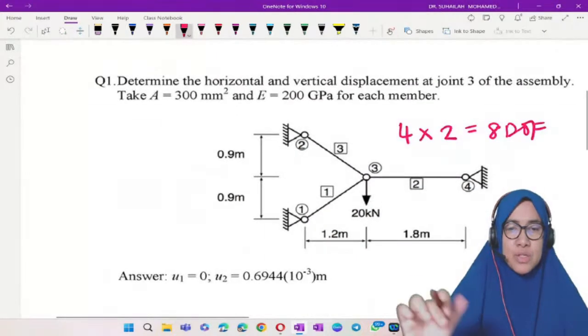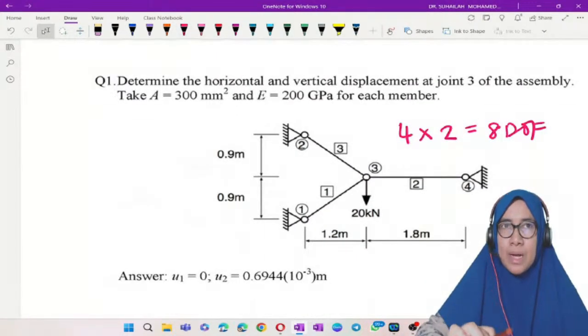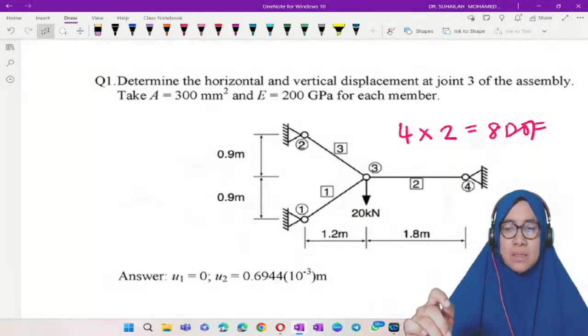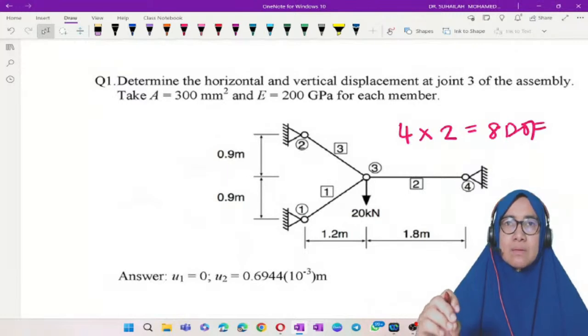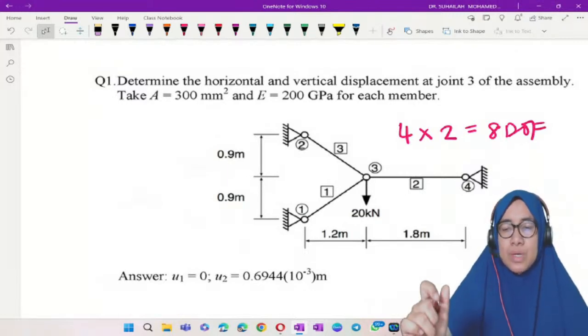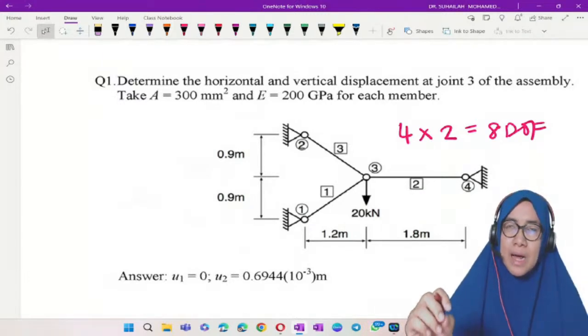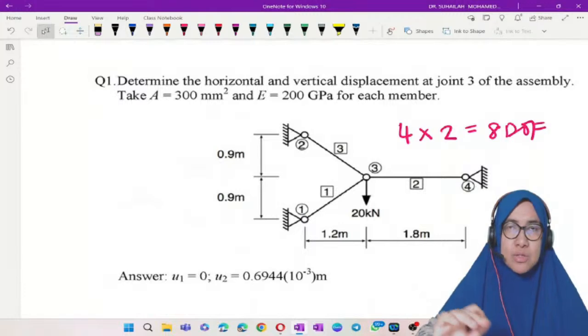So in this question, question number 1, we have to determine the horizontal and vertical displacement at joint 3. Joint 3 is actually the unconstrained system. So in truss analysis, we should understand the terms unconstrained and constrained. In an unconstrained system, there are unknown displacements because there is no support.